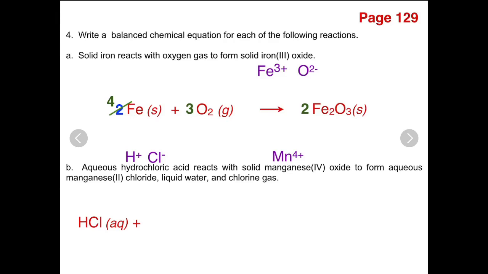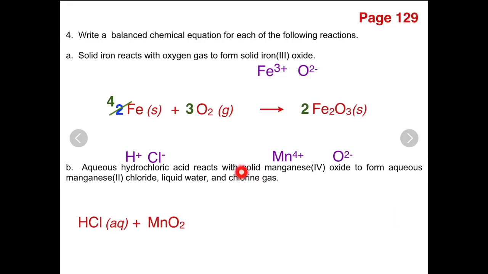Therefore, the charge of oxygen would be 2-. So that means to make these two ions balance in a chemical formula, you will need 2 of the oxygen per 1 of the manganese, right? Because we have 4+ and 2-, so you need 2 of oxygen. Therefore, the chemical formula of manganese IV oxide would be MnO2.